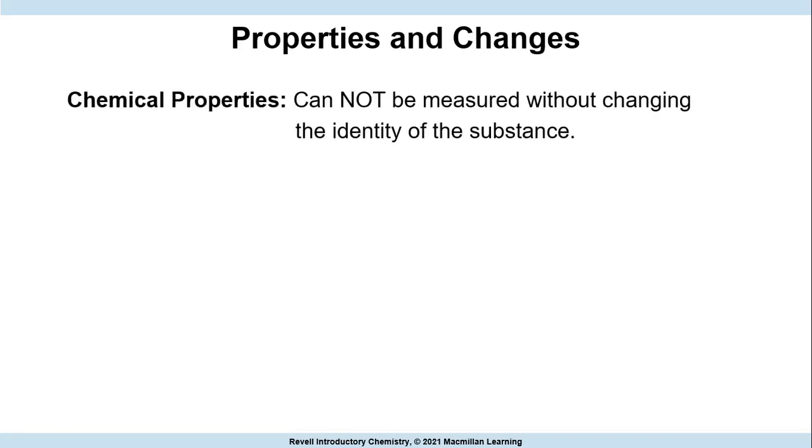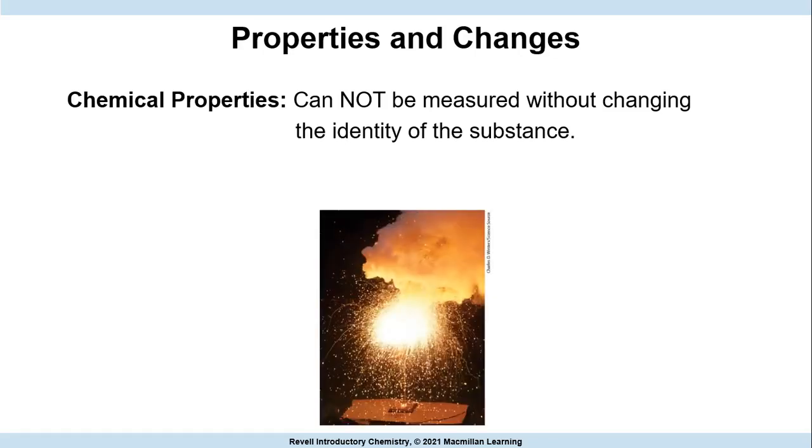Now, let's look at chemical properties. Chemical properties cannot be measured without changing the identity of the substance. So, with chemical properties, there is the change of the identity of the substance. And because there is that change of identity, new substances are formed.